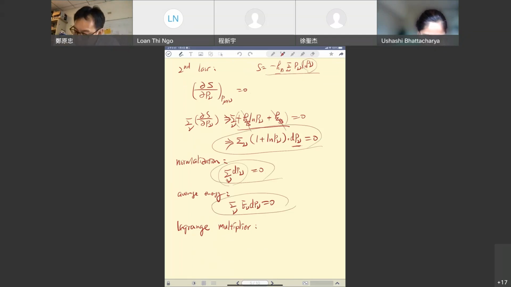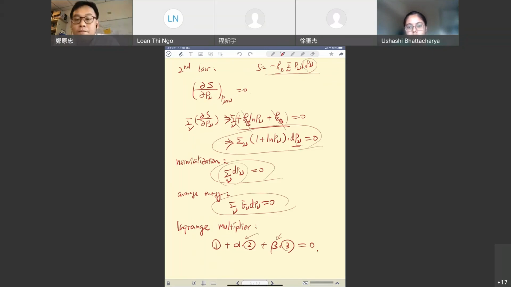So instead of solving them separately, we solve a single equation. We solve equation 1 plus some multiplier alpha times equation 2 plus some multiplier beta times equation 3, and we say this must be 0. Because alpha and beta could be arbitrary multipliers, it ensures that those two conditions will be satisfied.